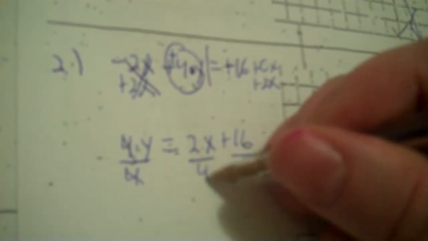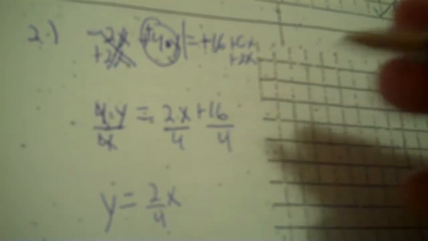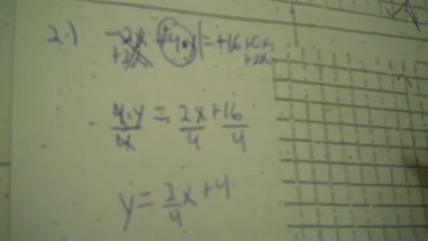No decimals, though. If I have to graph, I don't want any decimals. So 2 divided by 4 is a decimal, so we keep it as 2 over 4x. 16 divided by 4 is 4.